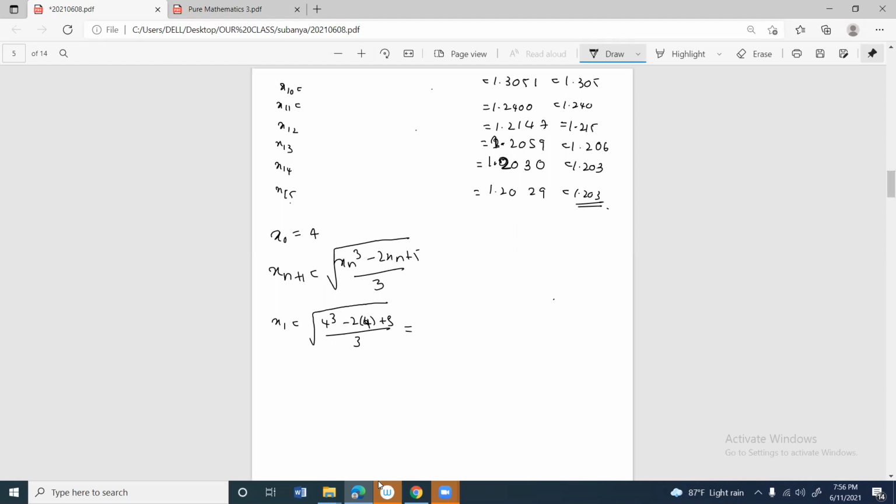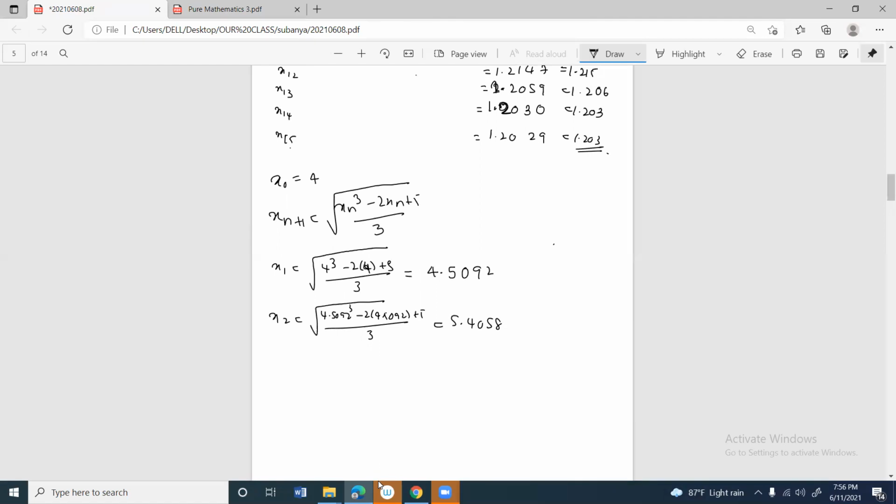That answer is 4.5092. Now x2 is the replacement of that: 4.5092 cubed minus 2 times 4.5092 plus 5, divided by 3, under the square root. That gives 5.4058.